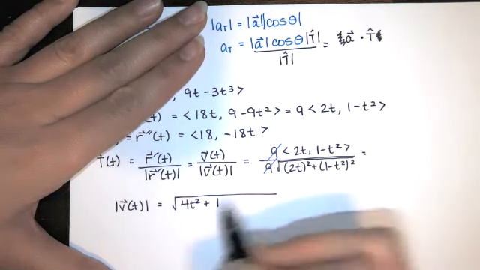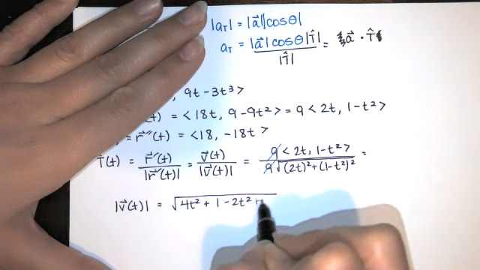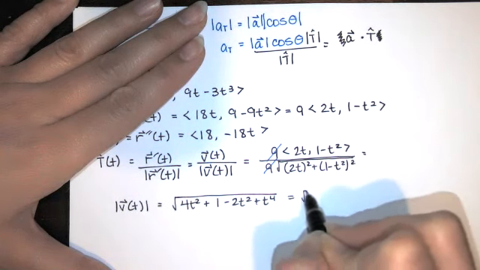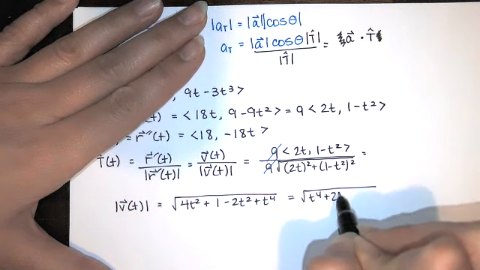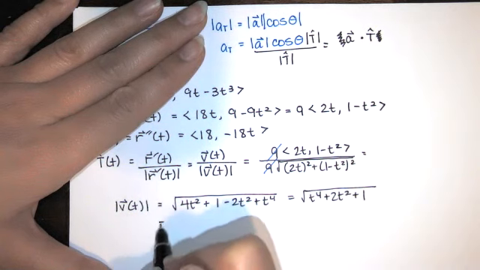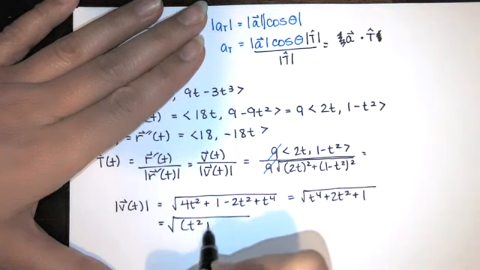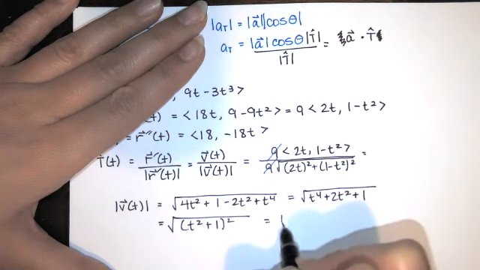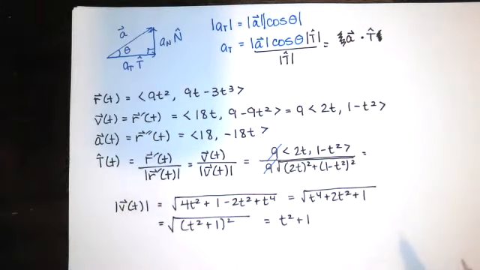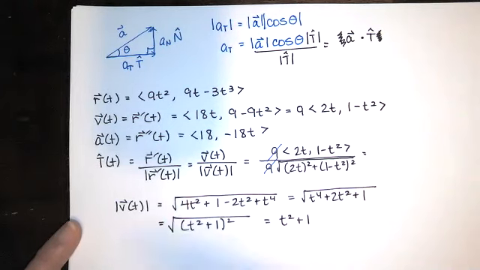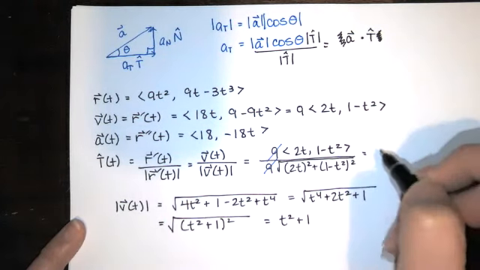If we write this twice in FOIL, we get this, which simplifies to this, which simplifies to this. And so we just get t squared plus 1. I did that kind of fast because we have already done it.